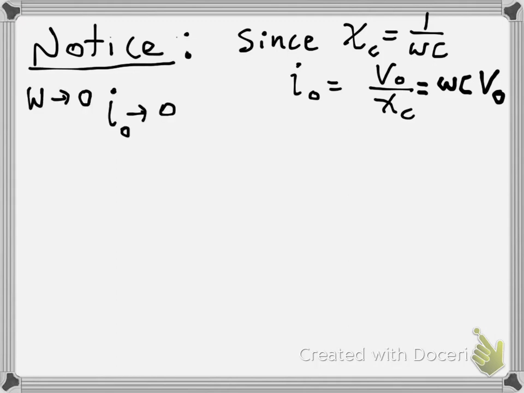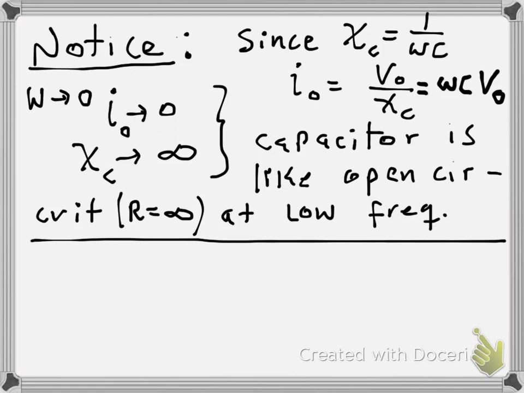So when the frequency of the applied voltage is very small, going to 0, these equations tell us that the peak current in the capacitor circuit is going to go to 0. The capacitor reactance goes to infinity, as the equation 1 over omega C tells us. So we can say that the capacitor is going to act like an open circuit with an effective resistance going to infinity at low frequencies.